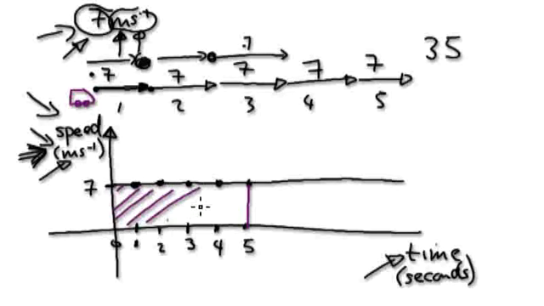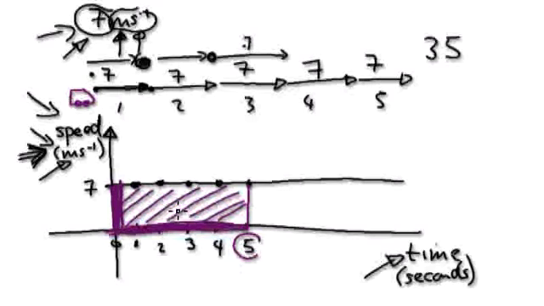So this distance here is 5, and then you times the height here, which is 7. You get the length here, and then you times the height here, so the answer will be 35. He would have traveled 35 meters.